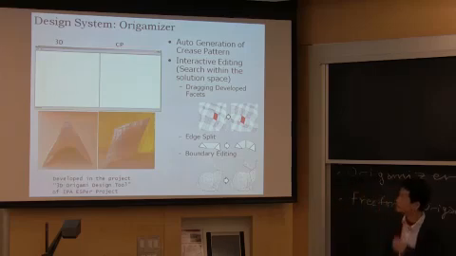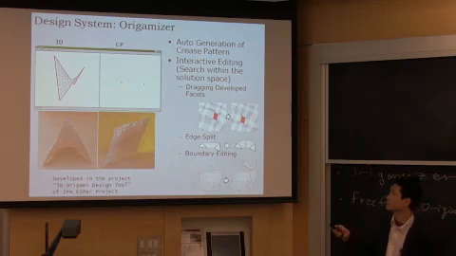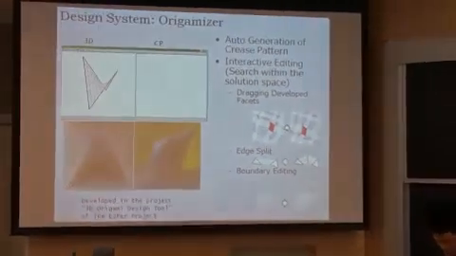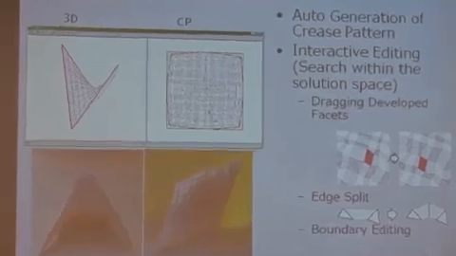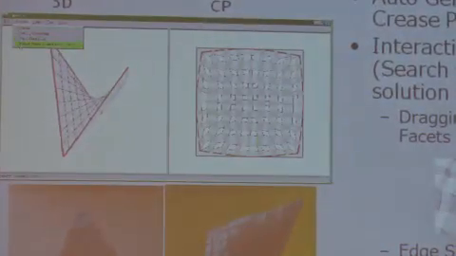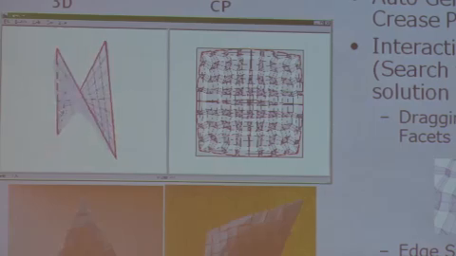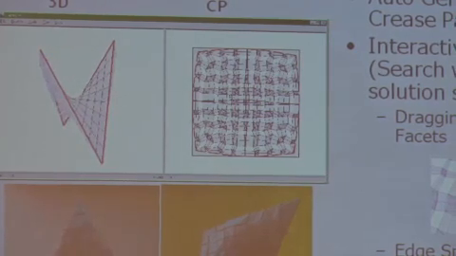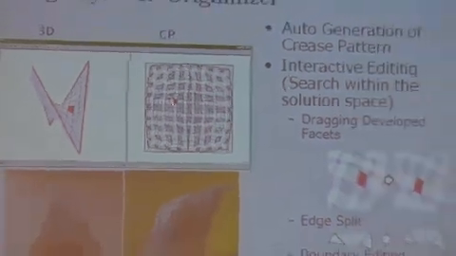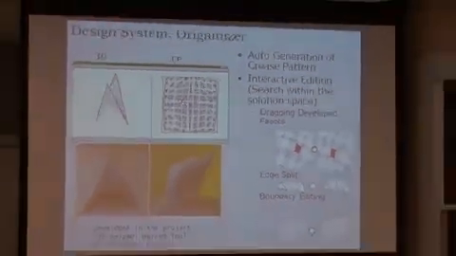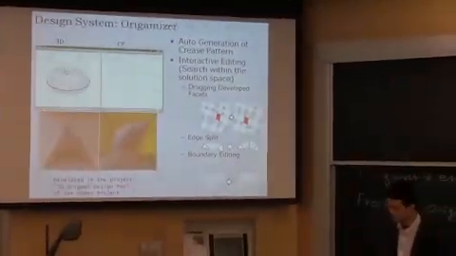So this is the system. You put the input here in this window, and you have the layout of the surface polygons, and then you get the crease pattern like that. So it automatically generates the crease pattern. And here you see it's edited in real time. By the way, this is real time.